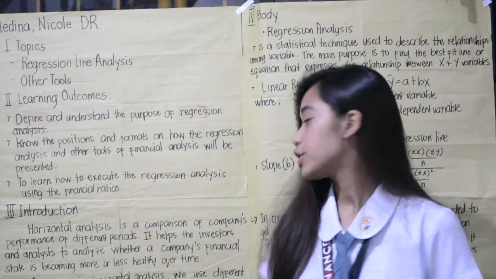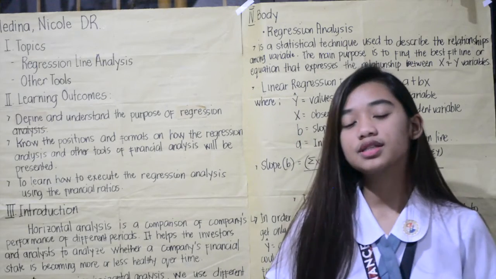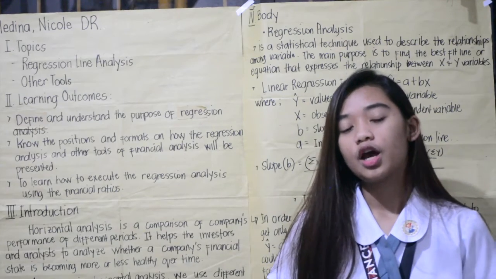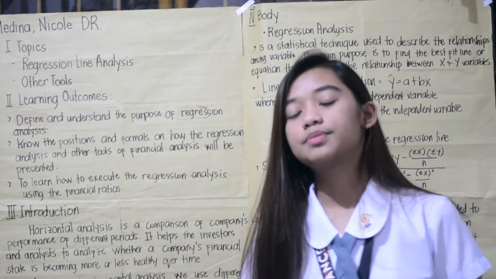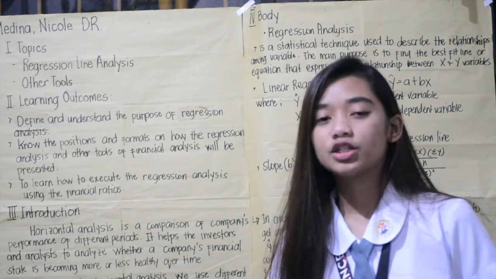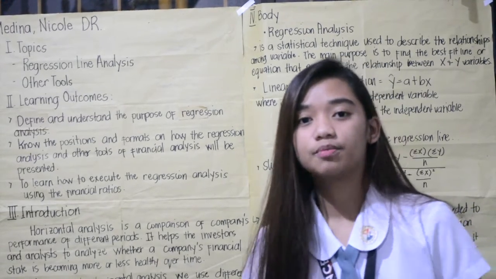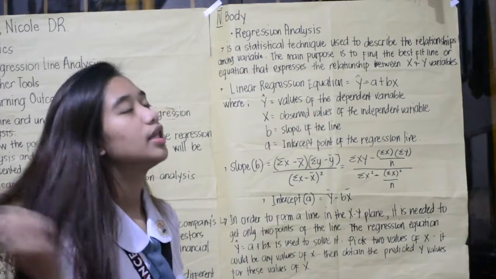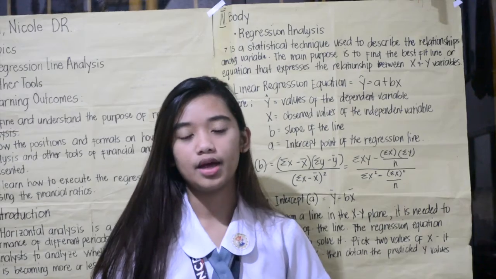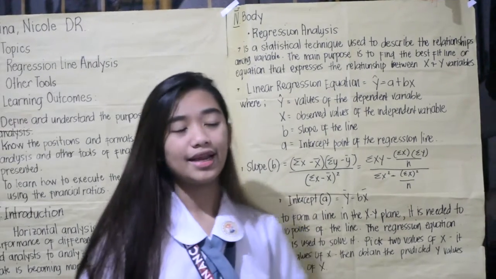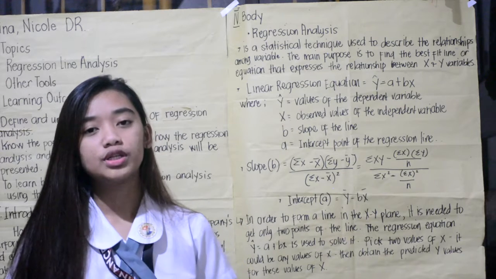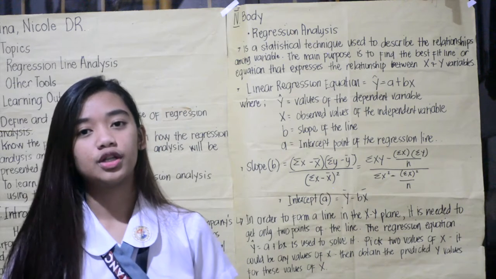In performing horizontal analysis, we use different tools to spot the trends and growth patterns in order to make a specific prediction about the financial status of the said entity. So in interpreting trends, it is best to use the graph and the trend line. Once the trend line is hard to establish, we will use the regression analysis.